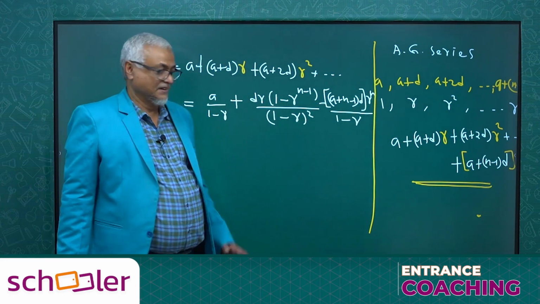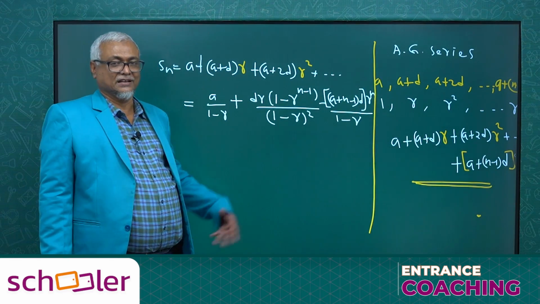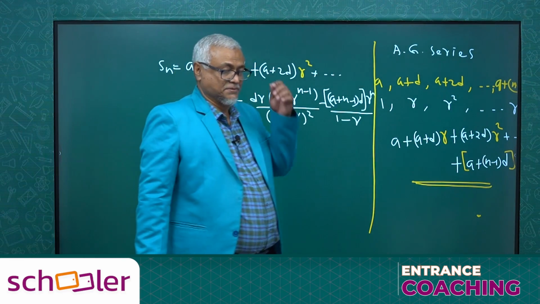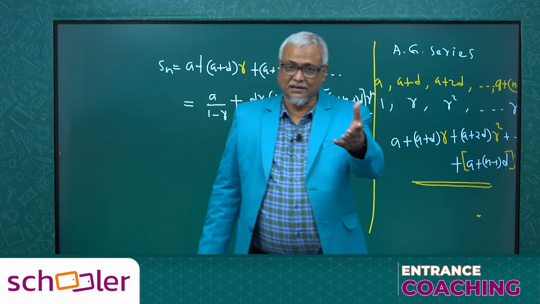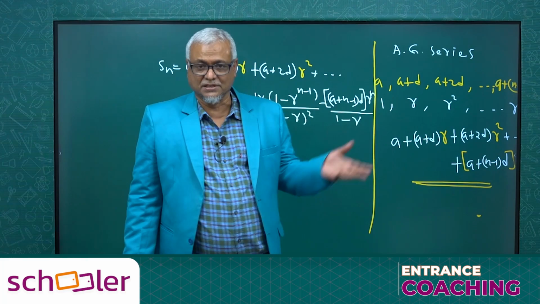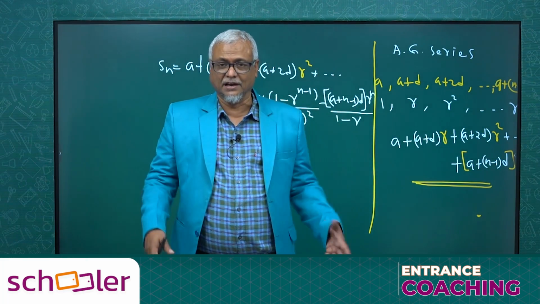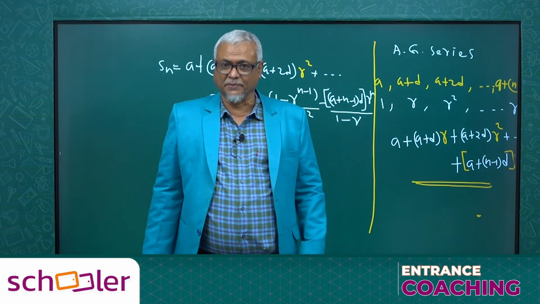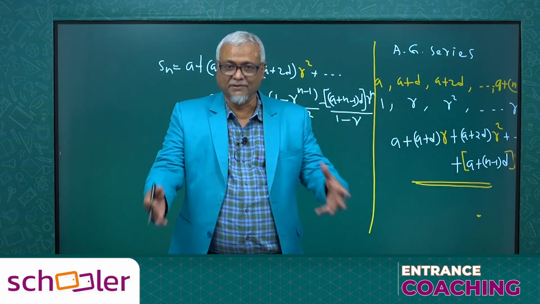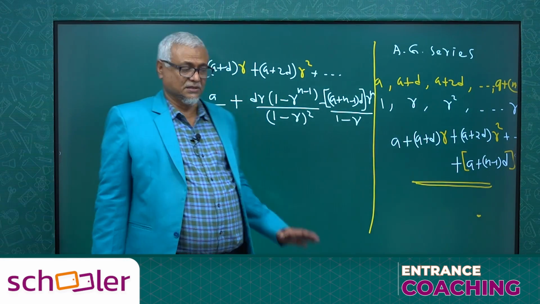Of course, it's a large formula, and there is a method to find the sum to n terms. If you want to discuss this formula, you can ask in the doubt clearance section, where we can derive how we obtain this formula. Now we have no time to discuss how to obtain it.